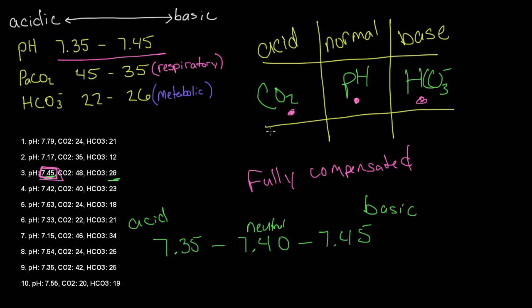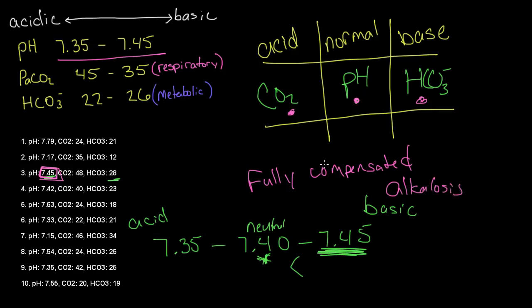So if the value is 7.4, then this will be a special condition that will be talked about a little bit later. So we need to look to see which side of the 7.4 our pH falls on. In this case 7.45 is greater than 7.4, and so this means we have an alkalotic condition. So we are in alkalosis with full compensation.